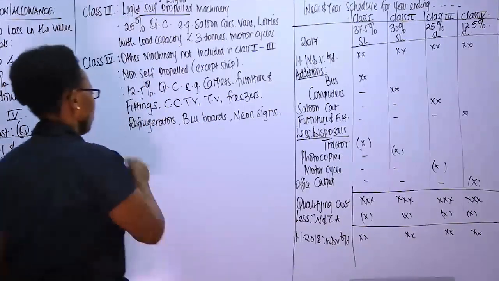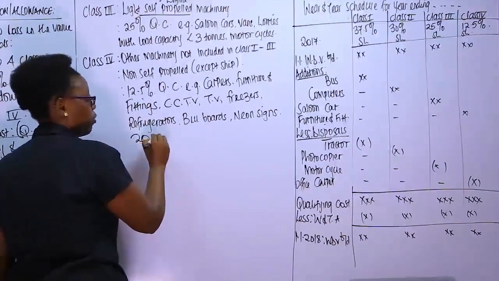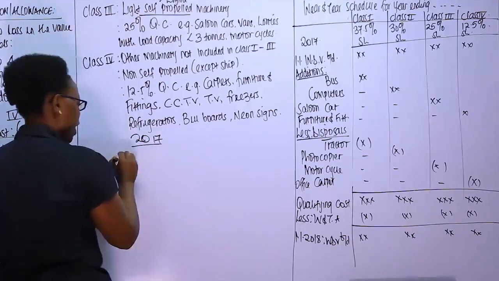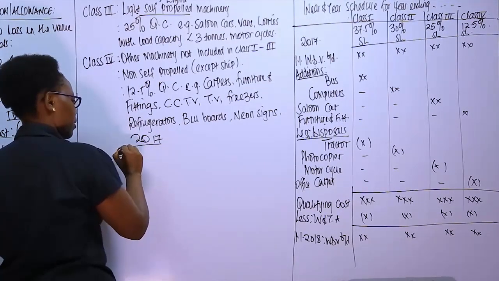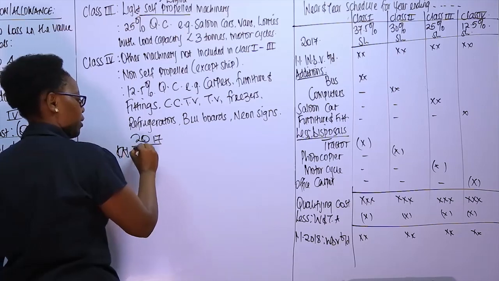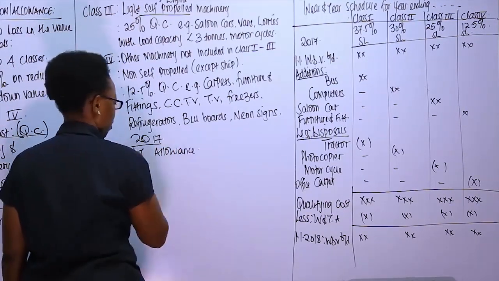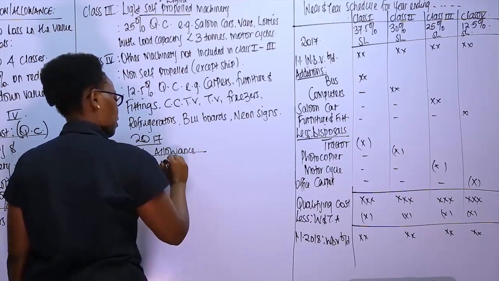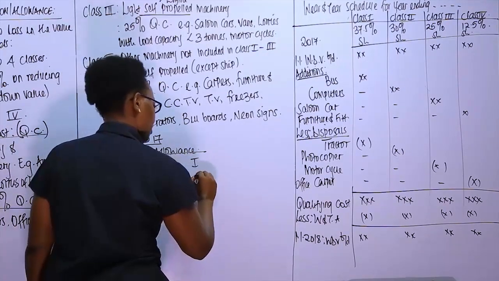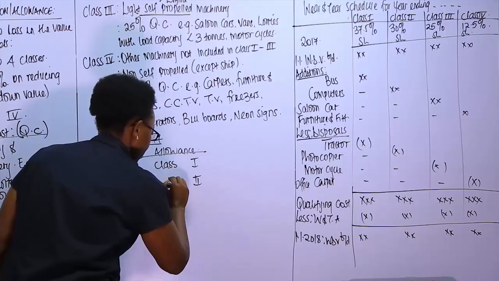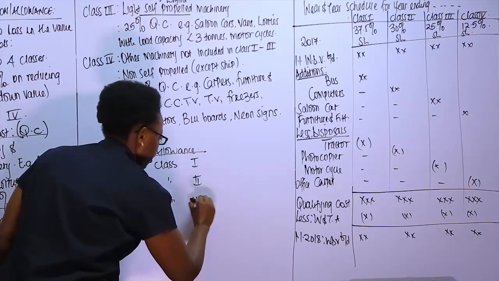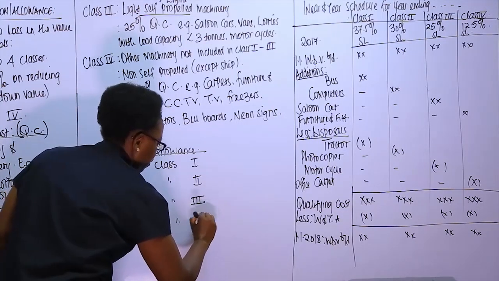So it means for 2017, for example, using this illustration, we will have capital allowances or wear and tear allowance. Classified as class 1, class 2, 3, and 4.